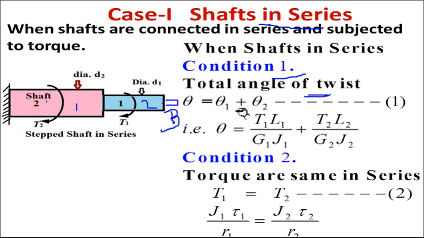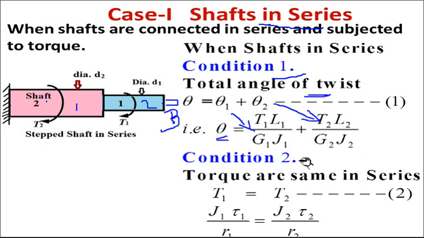You know that, using the torsion equation T by J is equal to G theta by L, theta is equal to TL upon GJ. So for section 1 it will be like this, and for 2 it will be like this. By adding these two, you will get the total angle theta.